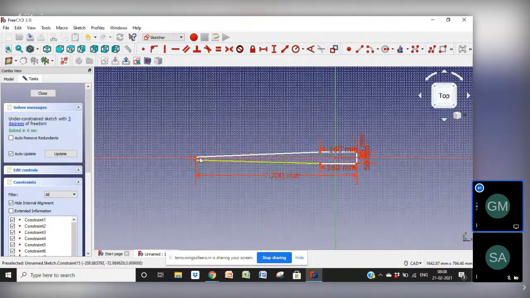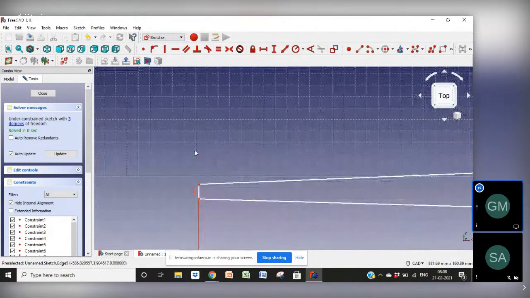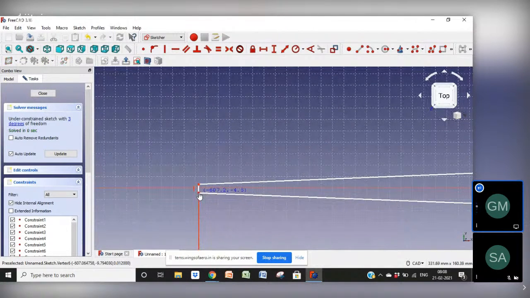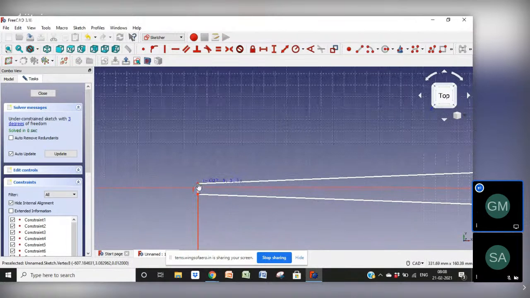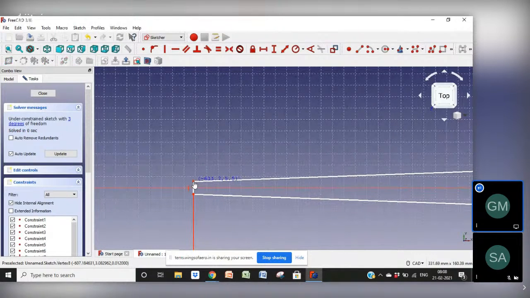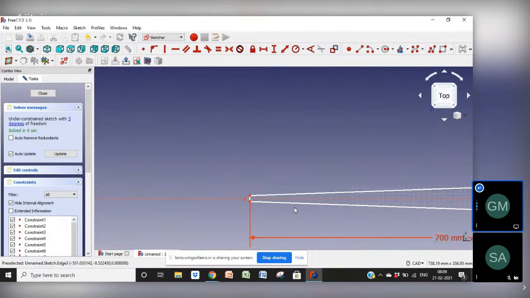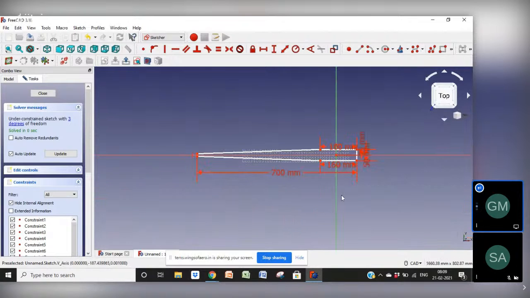Basically it is a fuselage. We are designing the fuselage today only, and the wing we will design tomorrow. Today there would be only fuselage.